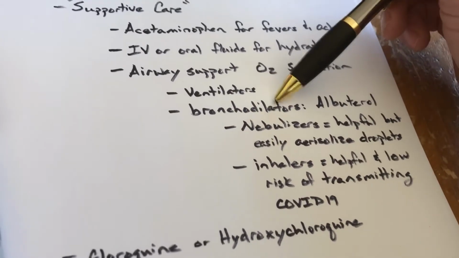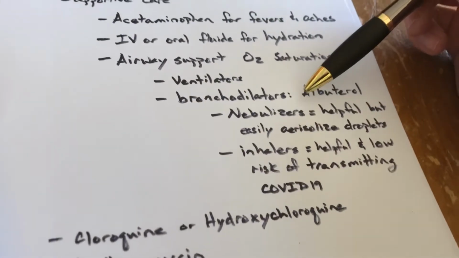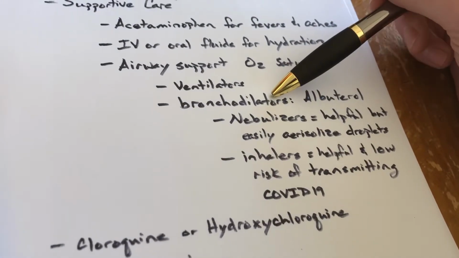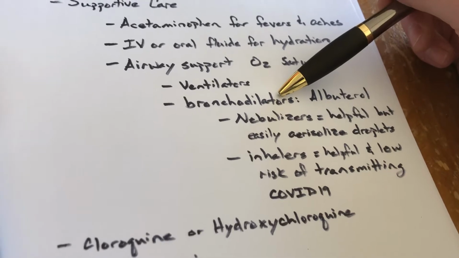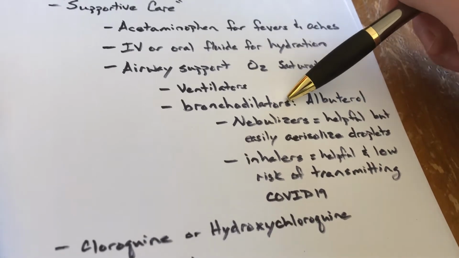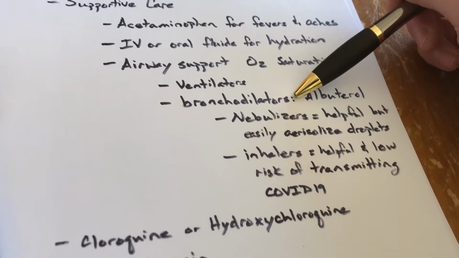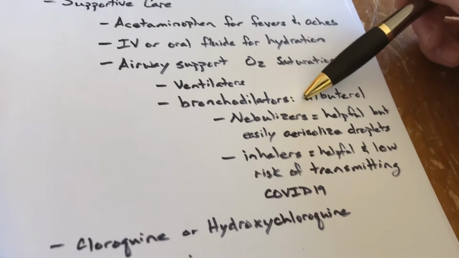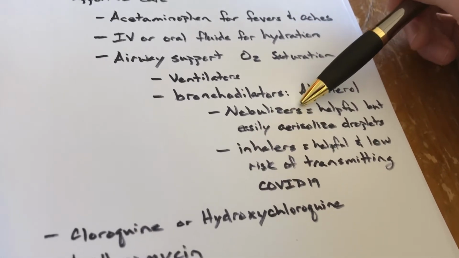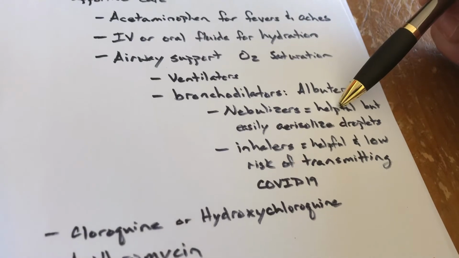and bronchodilators. There's a little controversy because they're saying in the news, and I think they kind of misinterpreted this, that there was concern that using a nebulizer was harmful. That's not true. Nebulized albuterol is very helpful to infected patients.